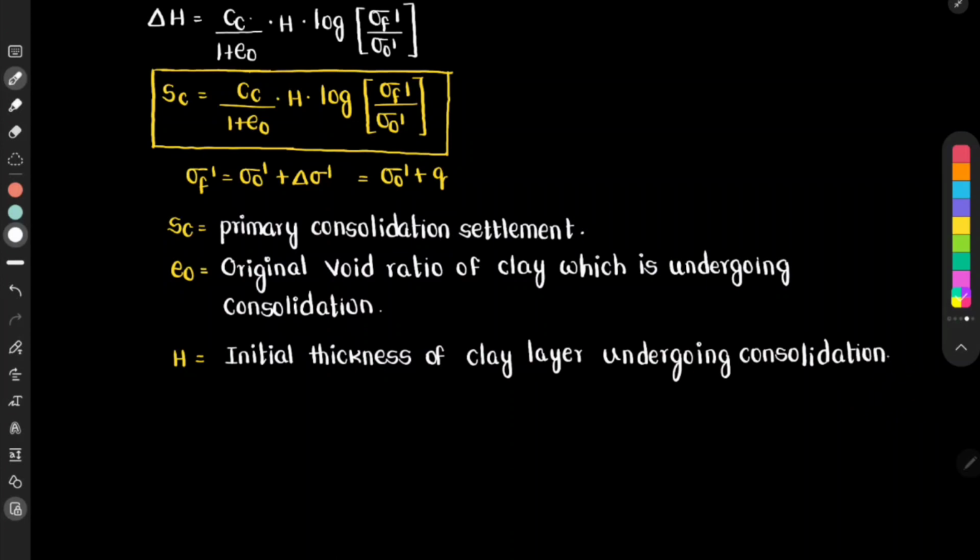Then what is sigma naught dash? Sigma naught dash is the original effective stress at the center of the clay layer.